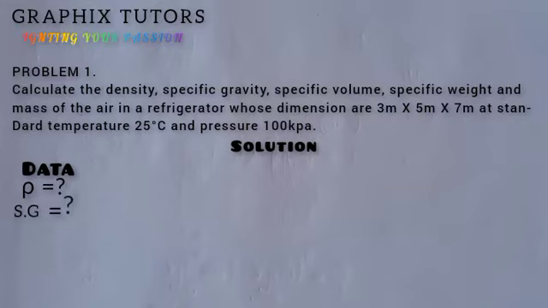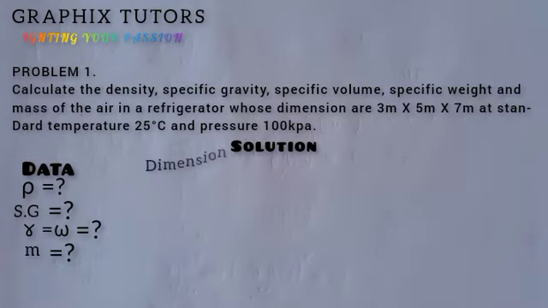The specific weight is also unknown, and the mass is unknown, right? Of the air in the refrigerator whose dimensions are 3 by 5 by 7, that is the length of the fridge. You're talking about the dimensions of the fridge now. The length of the refrigerator is 3, the breadth is 5 meter, and the height is 7 meter.